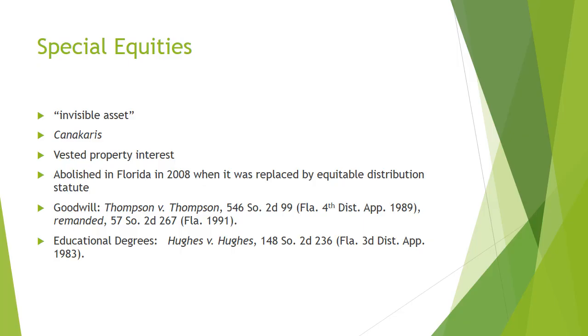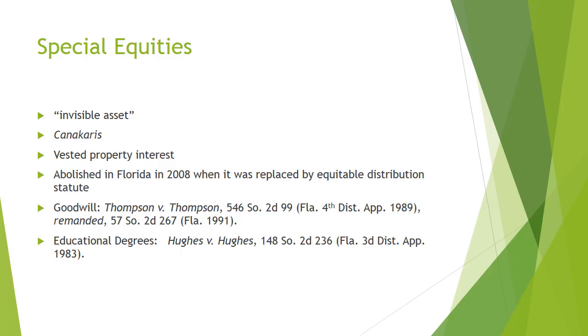But a special equity could arise when one party had made extraordinary contributions to the acquisition or ownership of a specific piece of property. So, for example, if the wife's mother made a down payment on the marital home, a special equity could be recognized in the wife even if the property had been titled solely in the husband's name at the time it was purchased.